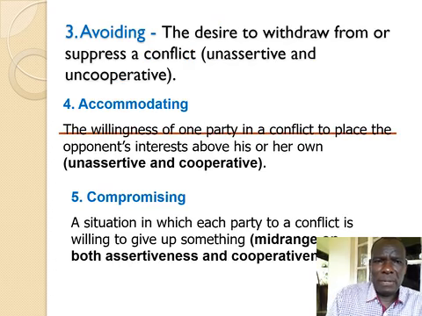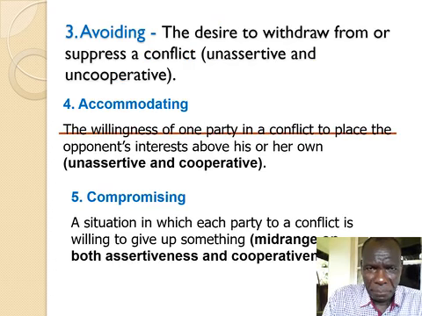So the third one is avoiding. This is the desire to withdraw from or suppress a conflict. You are unassertive and you are uncooperative. This is a dangerous position. Once you recognize that there is a conflict, the worst thing you'd want to do is to avoid it.